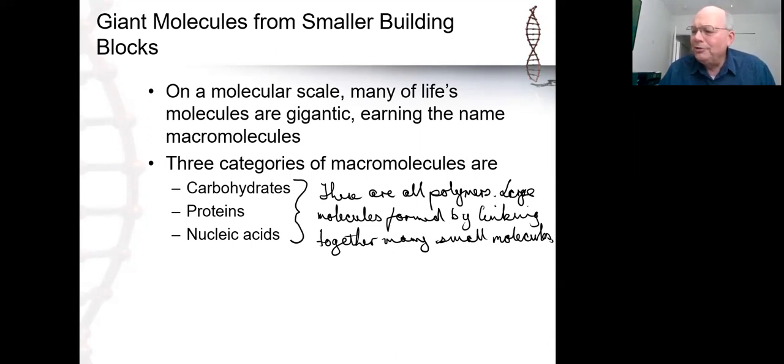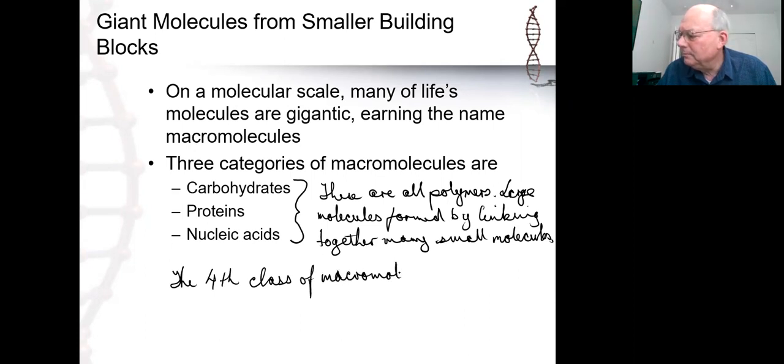There is a fourth class of macromolecules that's not mentioned here right now, but I'm going to mention it anyway. The fourth class of macromolecules are the lipids, or as some people refer to them, fats, which is technically correct.